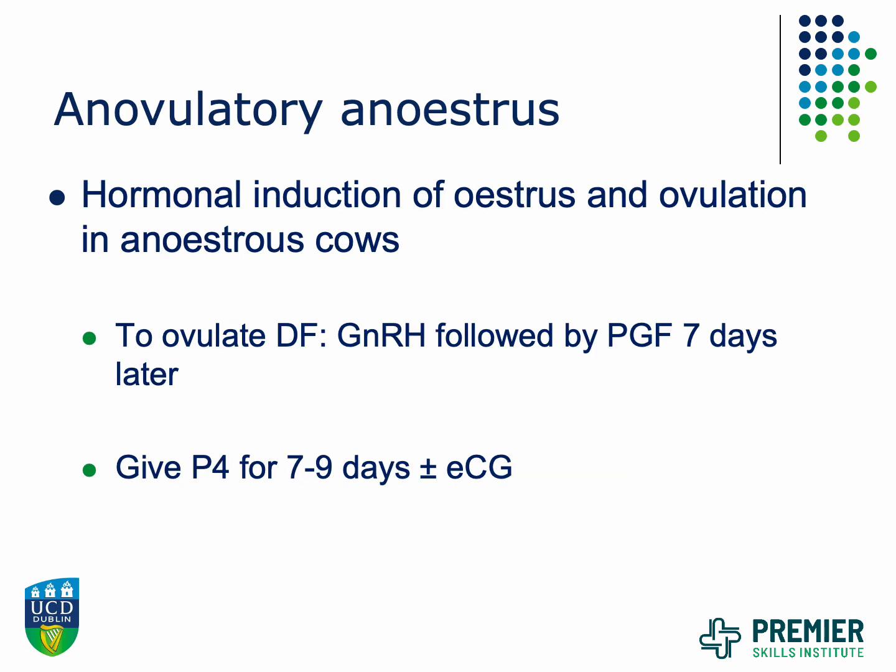So anovulatory anestrus, what can you do? Can you fix it? Yes, you can, because if the follicle is in the right stage, you can actually inject GnRH, and that will lead to a surge and therefore ovulation.